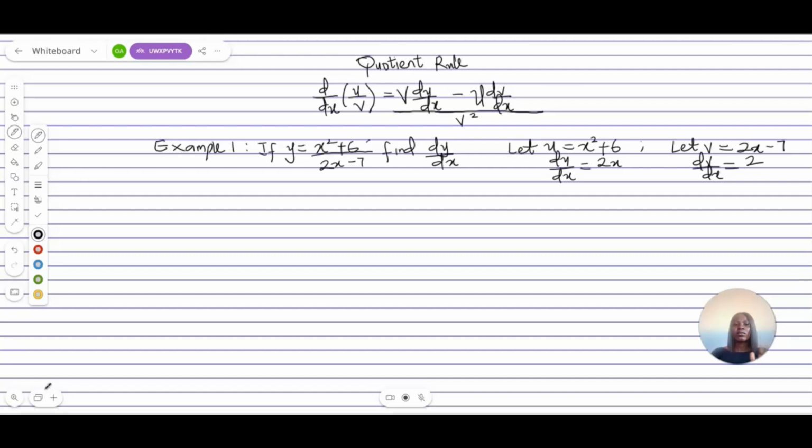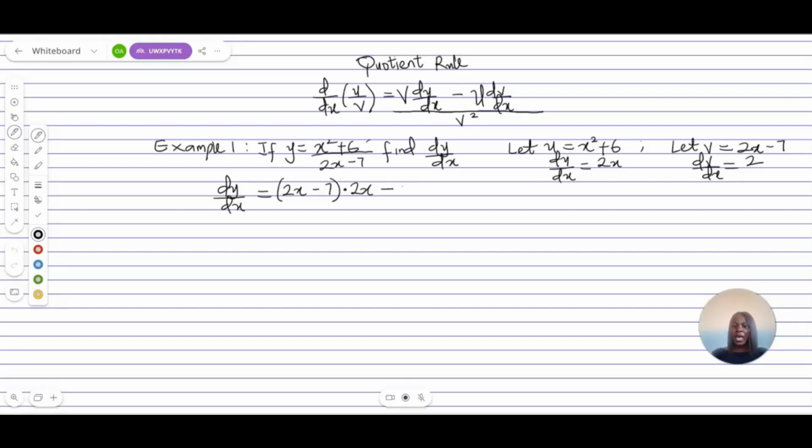So let's quickly put this into our formula and then see what we're going to have. dy/dx is simply, what is my v? v is 2x minus 7, multiplied by du/dx, which is 2x. Now, minus, what is my u?